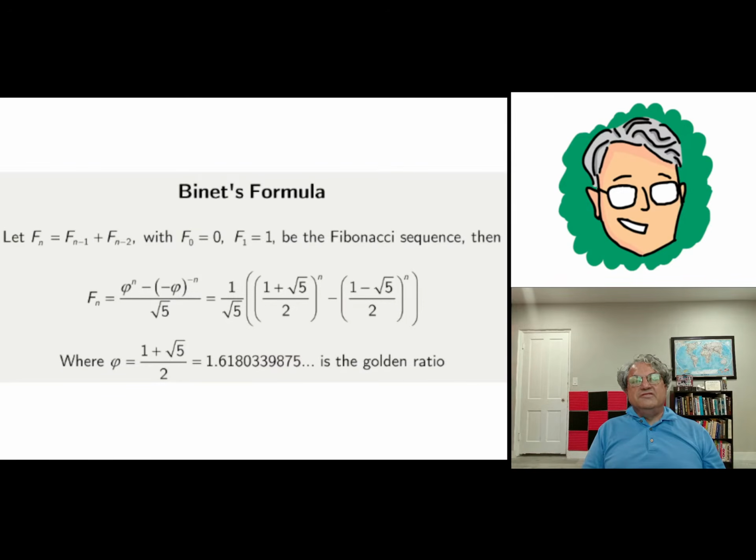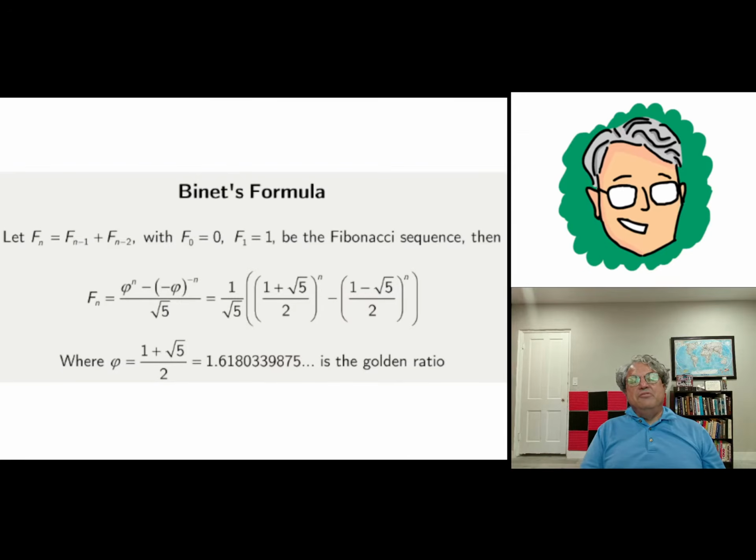It turns out 1 over phi is also phi minus 1, 0.618. So the quantity on the right is minus 0.618. If we take a really large power of that, it's very, very close to 0. So for instance, if you were calculating the 100th Fibonacci number, it would essentially be phi to the 100th power divided by the square root of 5, with a very, very small margin of error.